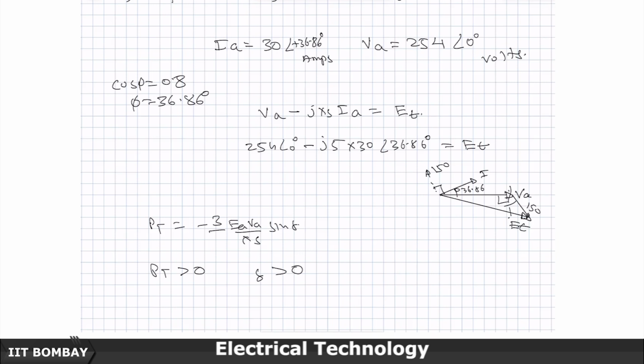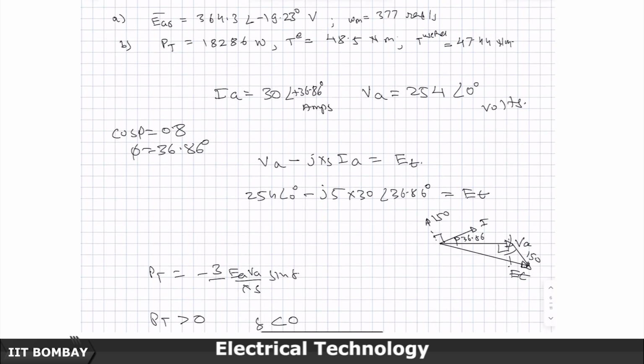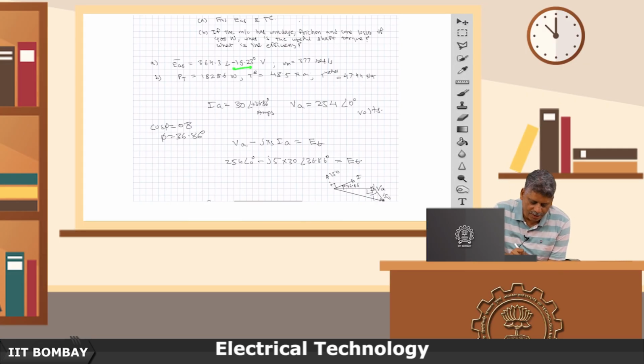So the motor will have delta less than 0, this is what the motor will have. So this is what we also saw, that in this case our motor angle is coming out to be minus 19.23 degrees and of course the omega m is 377.